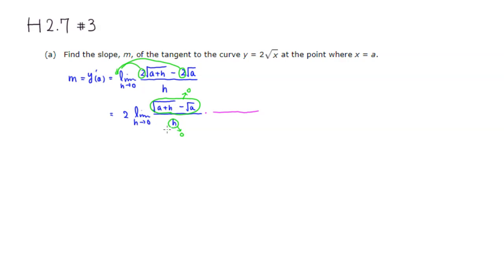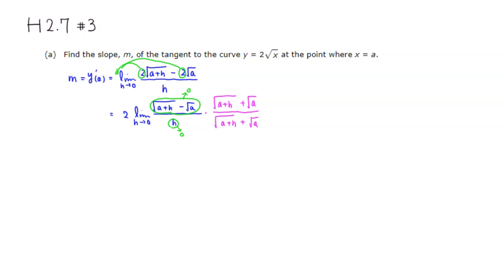In this case, h is going to be the common factor. To squeeze it out, I'm going to multiply the numerator and denominator by the conjugate, except for the sign: square root of a plus h plus square root of a over square root of a plus h plus square root of a.